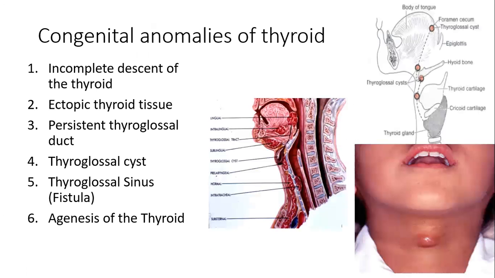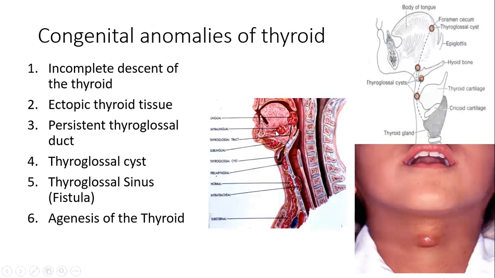Okay. Now coming to the congenital anomalies of the thyroid gland. One is incomplete descent. As we saw, it descends into the neck. If it doesn't descend fully and is on the way, then it is called an incomplete descent of the thyroid gland. Sometimes there will be ectopic thyroid tissue. Sometimes it doesn't pass through that process but goes to some other areas, like, as you can see here, sublingual, below the tongue.